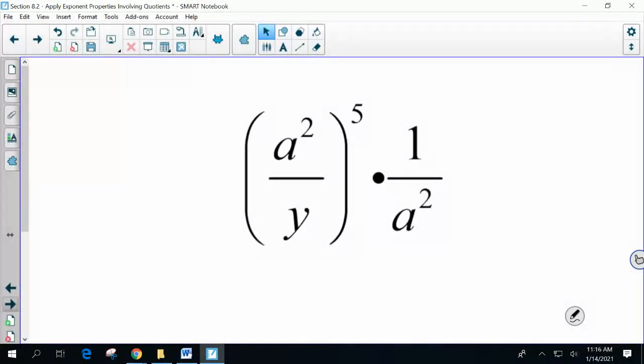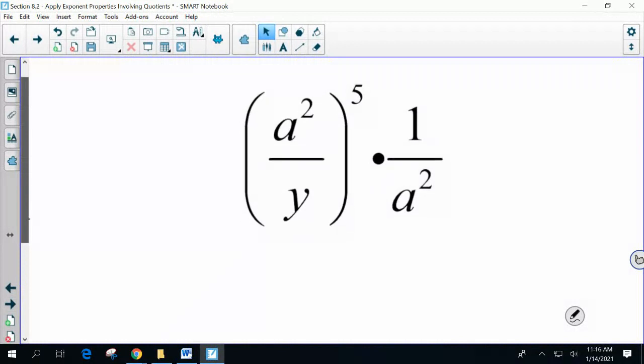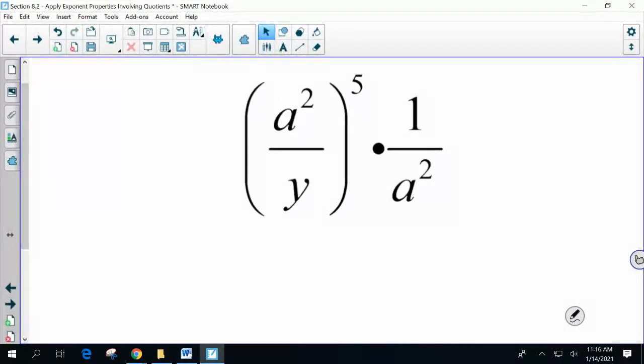First, with this problem, we are going to tackle what's on the left before we do anything with the right. So I'm going to take a squared to the 5th power. That has to get multiplied to give you a to the 10th. And then I would have over y to the 5th. And that is times 1 over a squared.